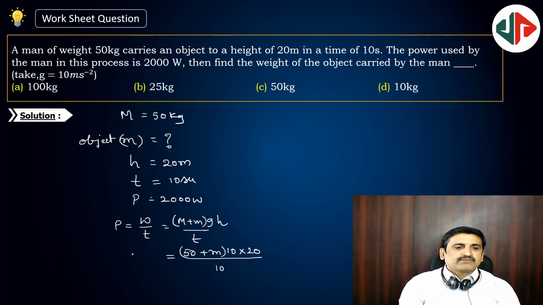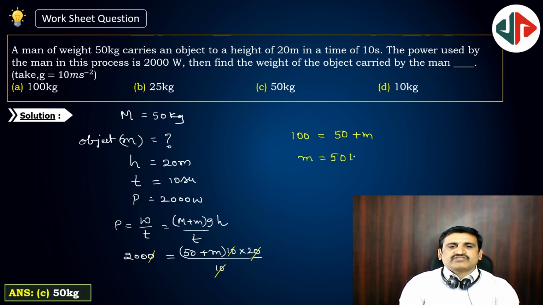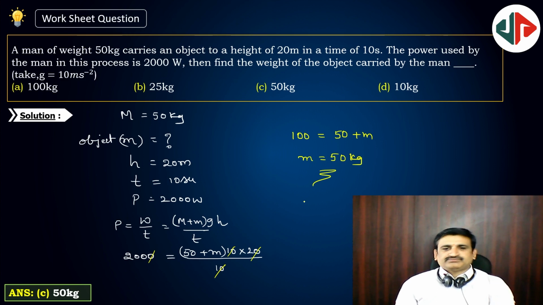So here power 2000. Now it's a simplification. 2000 here, 10 here, 10 gets cancelled, 2 also gets cancelled. So 100 is equal to 50 plus m. So m is equal to 50 kg. Hope you are with me. Next.